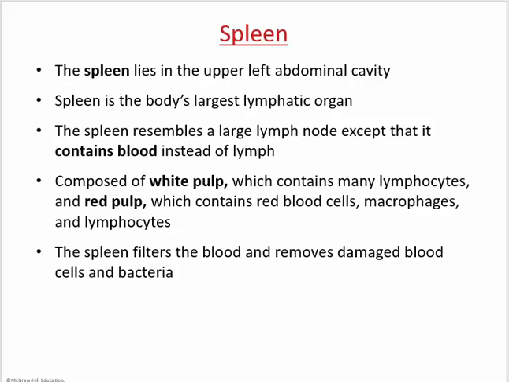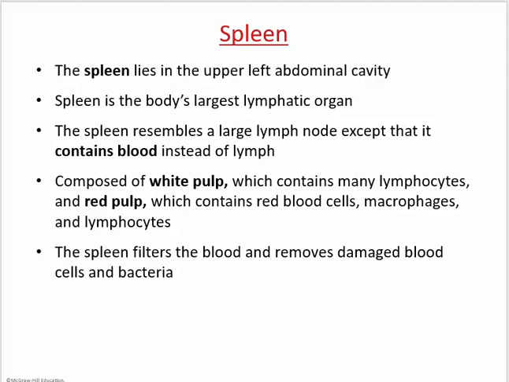There's a white pulp where there are lymphocytes and macrophages and things like that, doing immune surveillance of the blood. There's red pulp, which is the place where old red blood cells are removed. There are macrophages that eat those old red blood cells, and there are some lymphocytes, but there are a lot of red blood cells there.